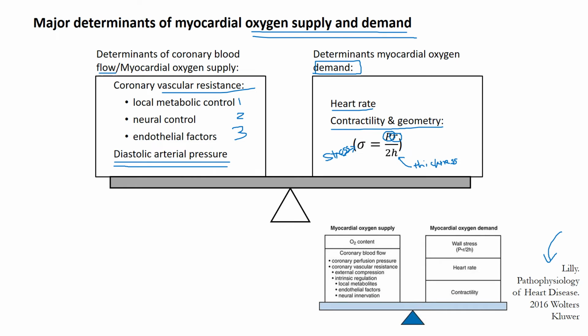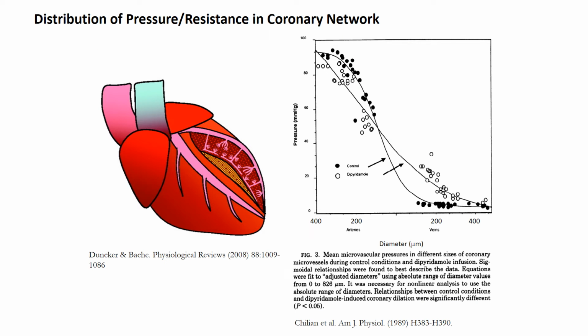This is a plot of the mean pressure in the vasculature of the heart as a function of vessel size. And look just only at the control case, this one. So the pressure drop happens in the small arteries or arterioles. Those are vessels on the order of 200 microns in diameter and smaller.